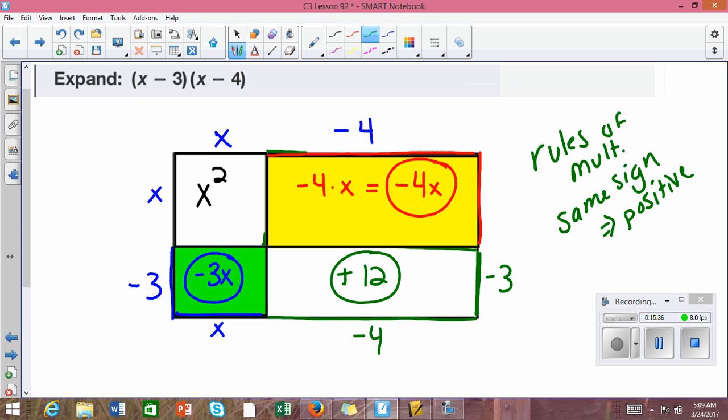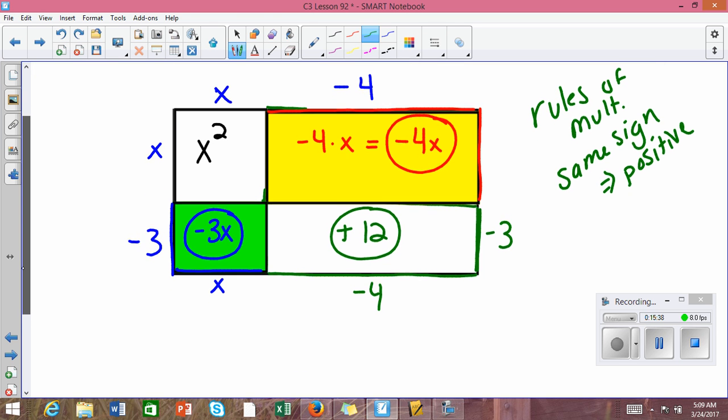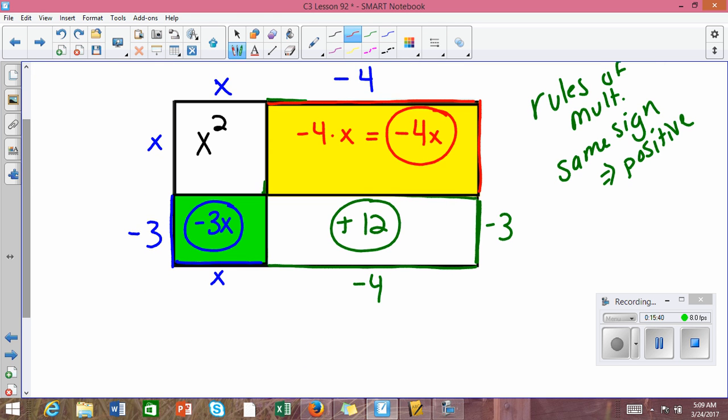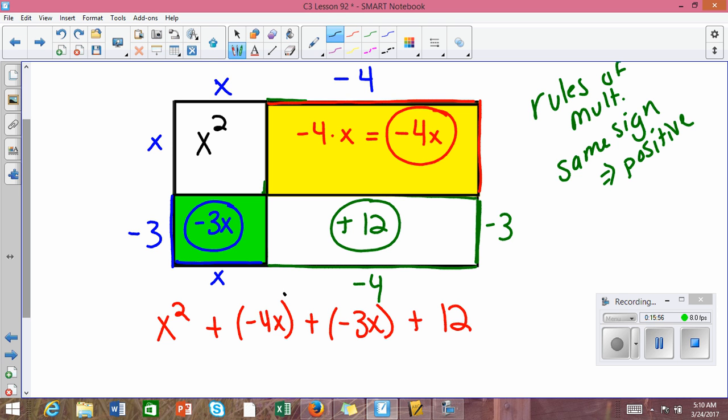Okay? In order to find the total area of this rectangle, we would need to add all of your terms together. So x squared plus a -4x plus a -3x plus 12. So when we add all these like terms together, you can see there are your only like terms. So we need to group them together. So if adding a -4x and adding a -3x, okay, remember your rules of addition.